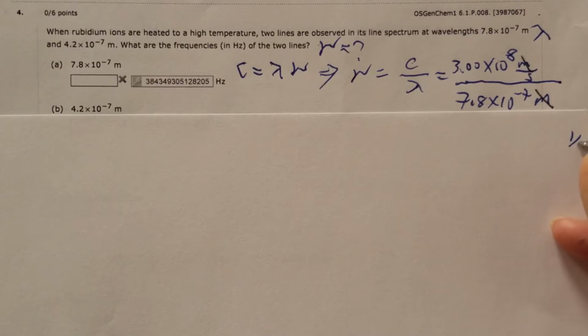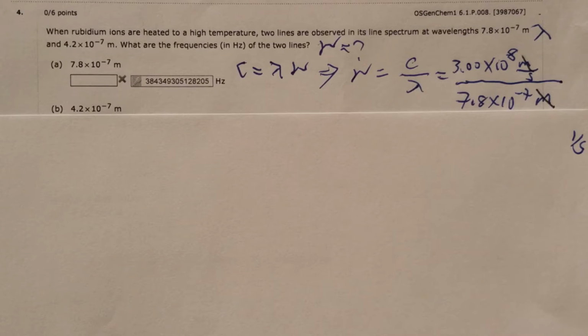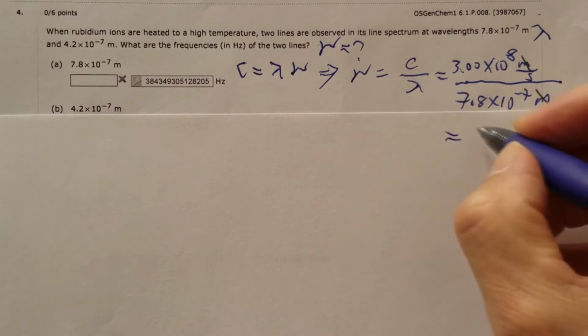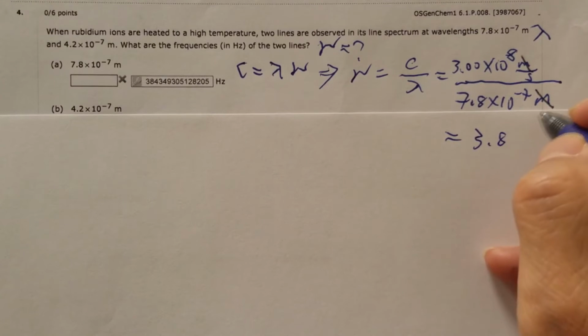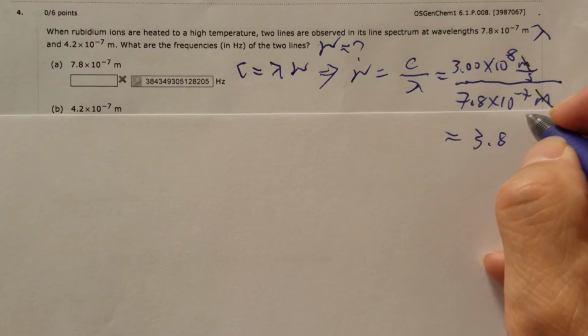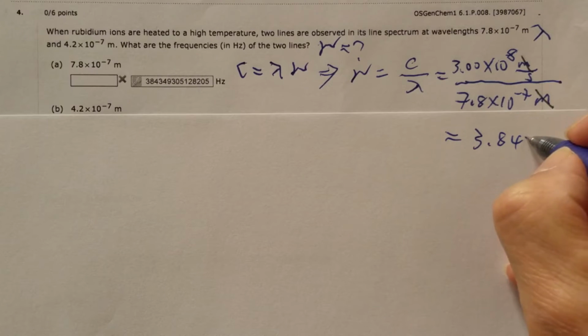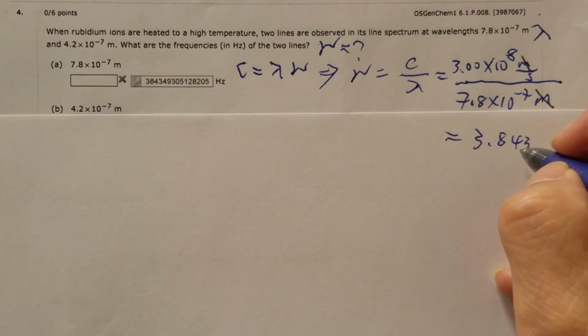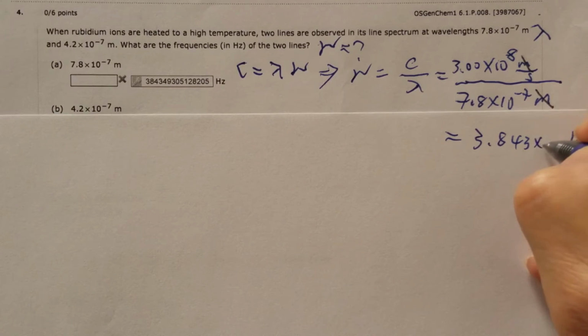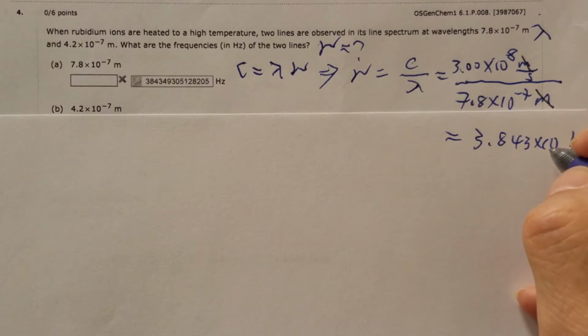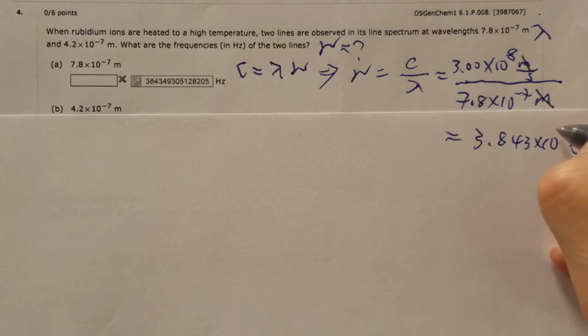which is the frequency unit. And that should be 3.843 times 10 to the 14th.